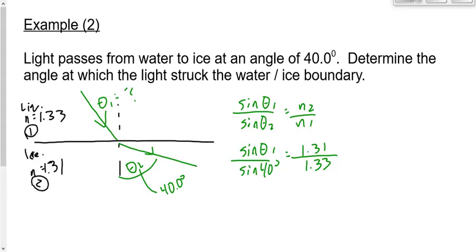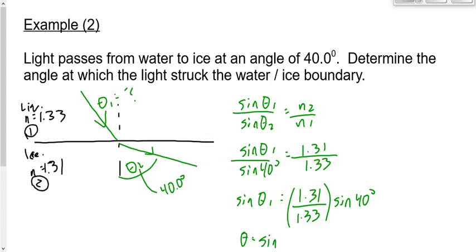So let's rearrange this now. You can solve part of this before you start rearranging it. Solve for theta 1. It's the inverse sine of all that over here on the right-hand side. And when we get that, we end up getting 39.3 degrees.